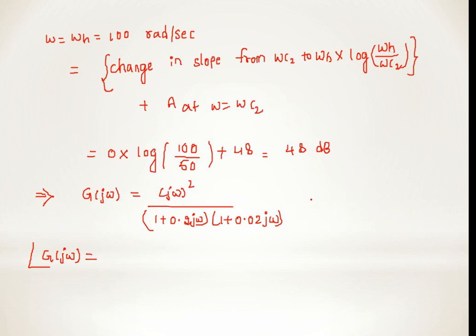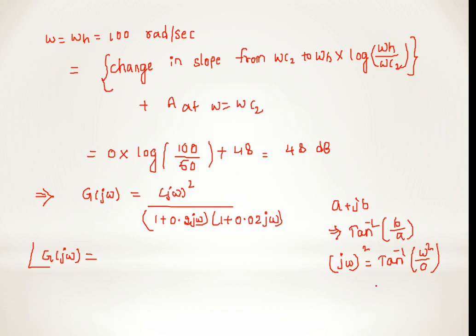So how to calculate the phase? For example, if you have A plus jB, the phase value for this one is tan inverse of imaginary part by real part. Here the imaginary part is B and the real part is A. Similarly, for the (j omega) square term, the imaginary part is omega square but the real part is 0.